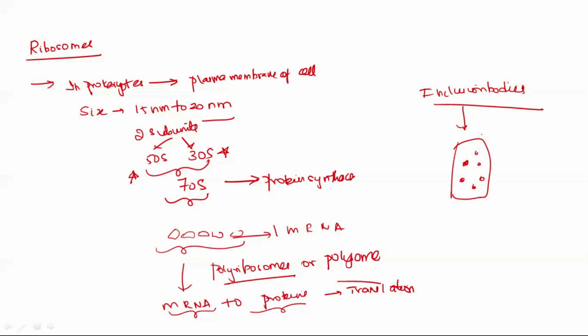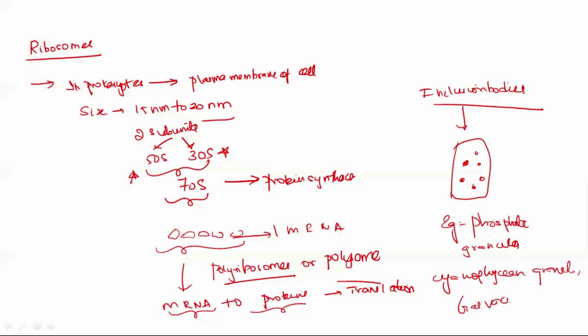They do not have any membrane bound to them. They are only lying in the cytoplasm. Examples of them are phosphate granules, cyanophycin granules and gas vacuoles.